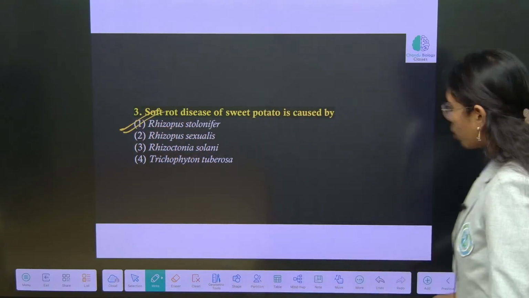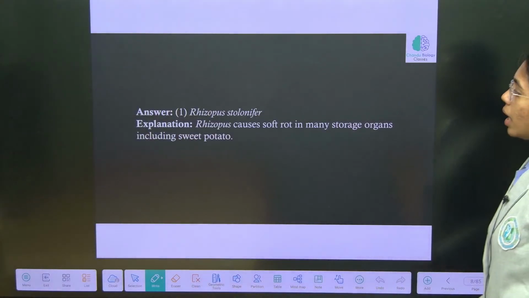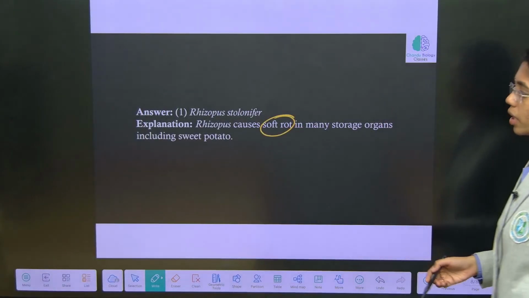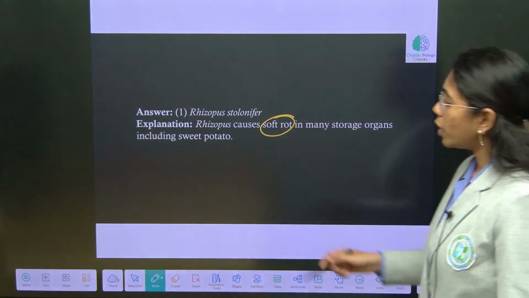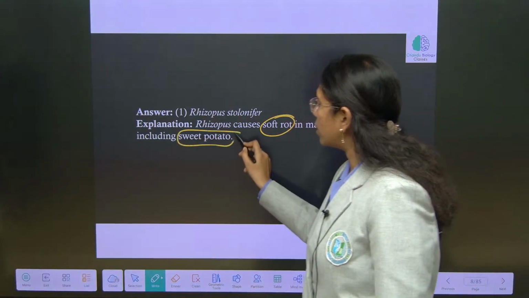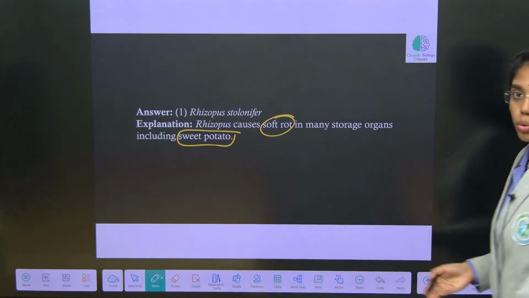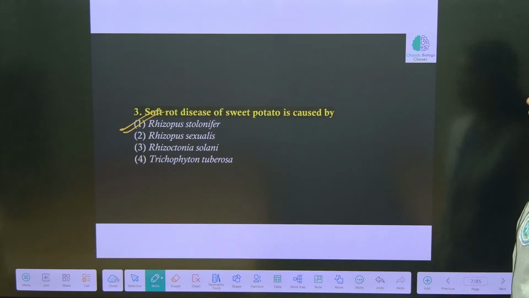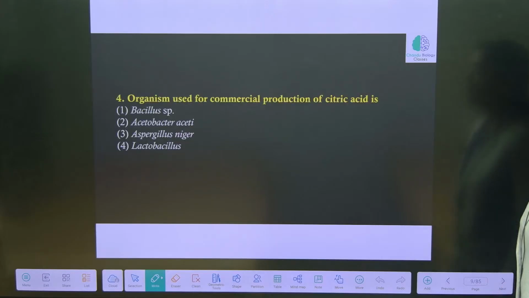Look into the theory of the answer. Rhizopus will cause soft rot in many storage organs, including sweet potato, which we learn in the storage rot topic. So, the disease that is caused in sweet potato is by Rhizopus stolonifera. Next question.